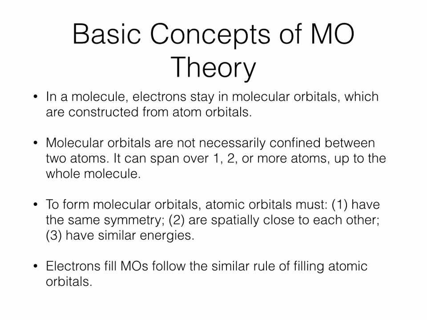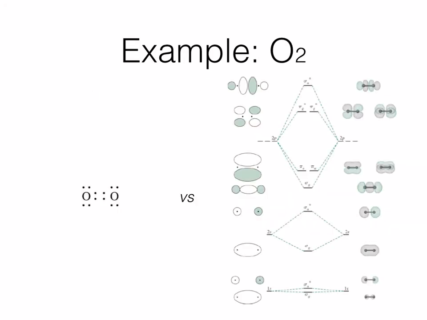All right, so now we're going to look at one example and talk about how a molecular orbital diagram is constructed. Here is oxygen, and oxygen has 6 valence shell electrons.